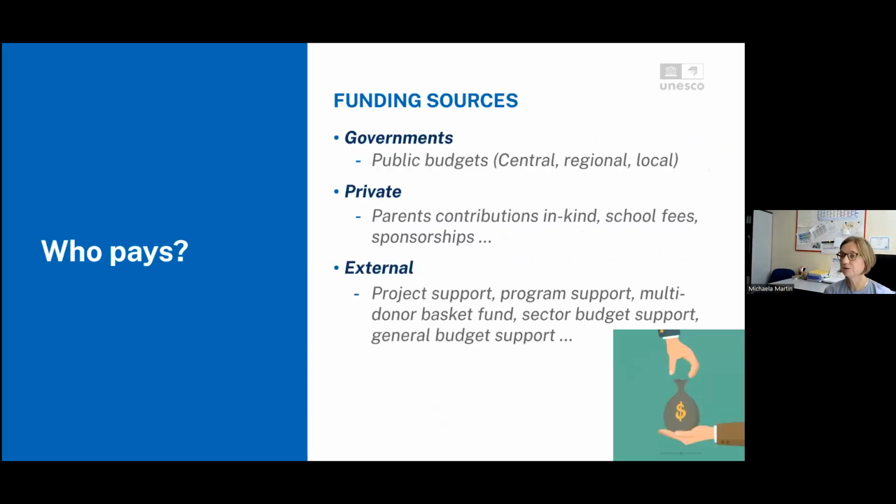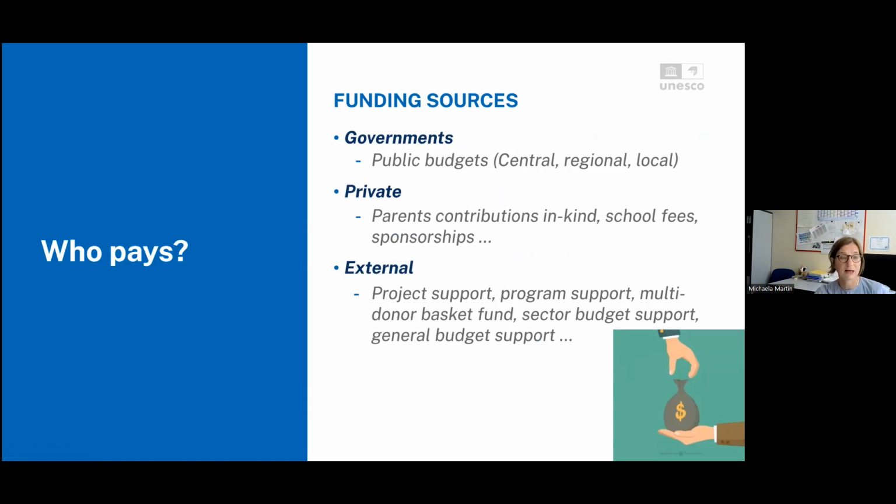So moving to the question of who pays. Before, we were discussing where the funding is, what the global volume is and how it is allocated. Now the question is who pays? The typical funding sources that we find are governmental funding, so the public budget. Government meaning the Ministry of Education, but sometimes also other ministries.